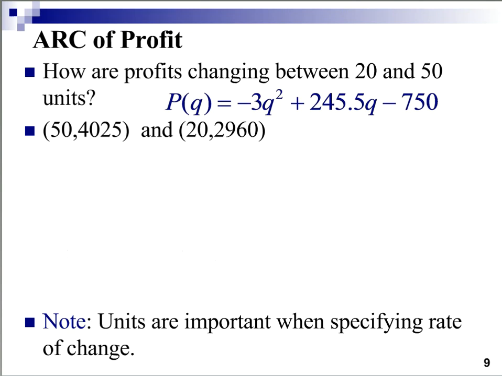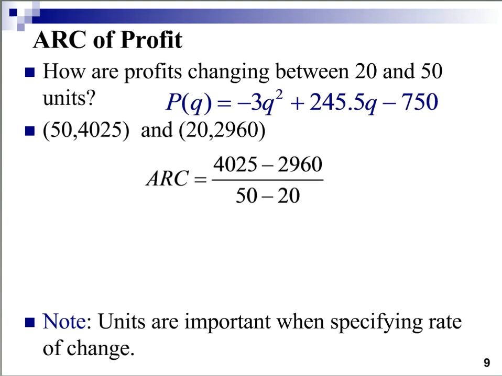Okay, so now that we have the actual 2 points on the profit curve, it's relatively easy to find the slope of the line that goes between them. So remember, all we're going to do is use the slope formula to do this. The average rate of change, or the slope, is the change in y, which in this case is the change in profits. So the change in profits is up here.